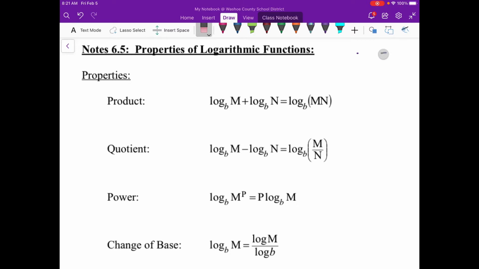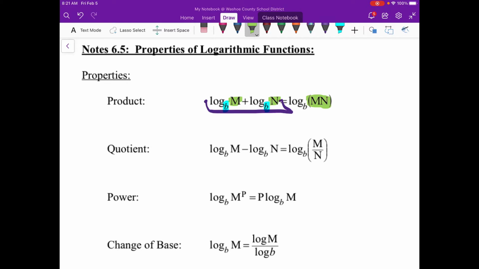Well, with logs, because they are the inverse of that, when we're adding the logs together, as long as they have the same base, that's what this b is for, then I'm going to just take the terms m and n and multiply them. So anytime I am adding logs, I'm actually going to be multiplying, just like when you were multiplying exponents, you ended up adding them.